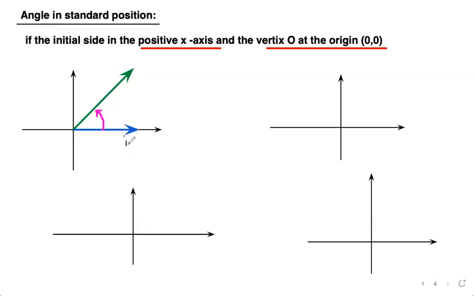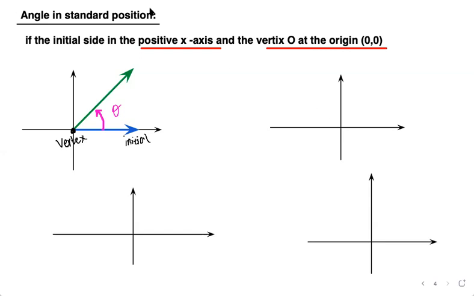Here is the initial side, and this is the vertex. I'm going to call the vertex by the letter V, and the initial side by the letter I. So for the second and the third one, this is my angle.